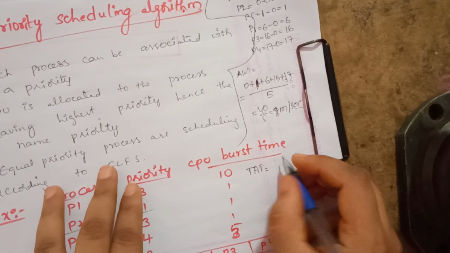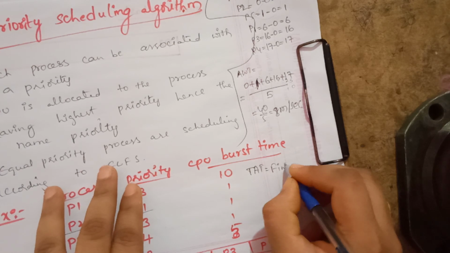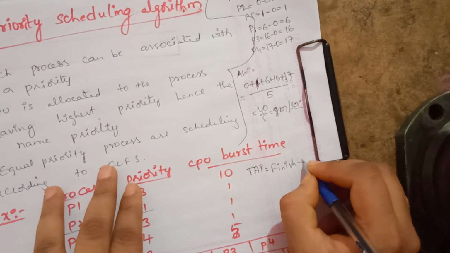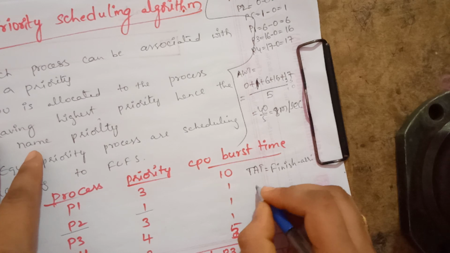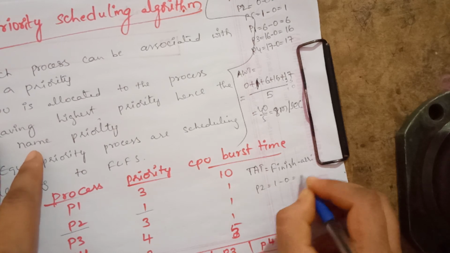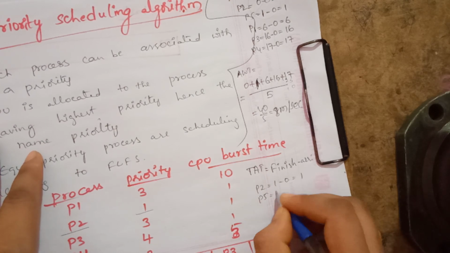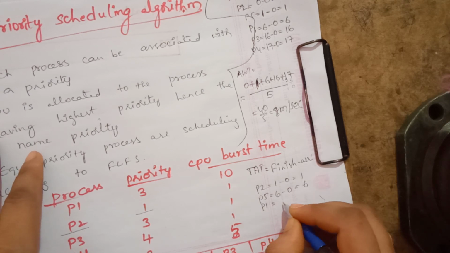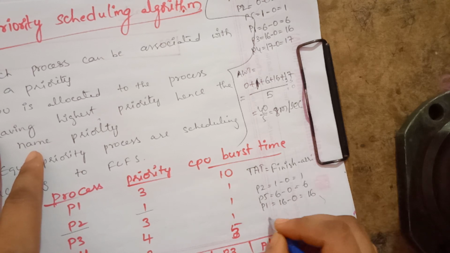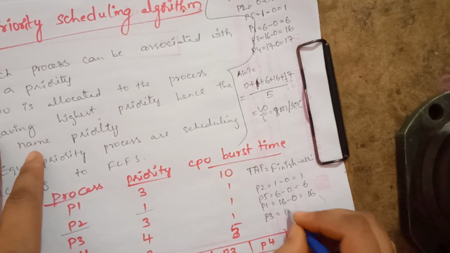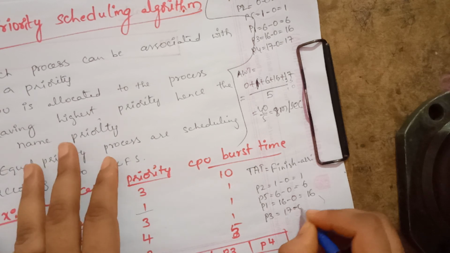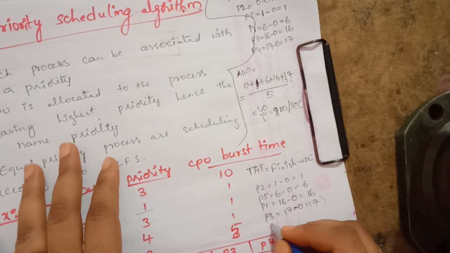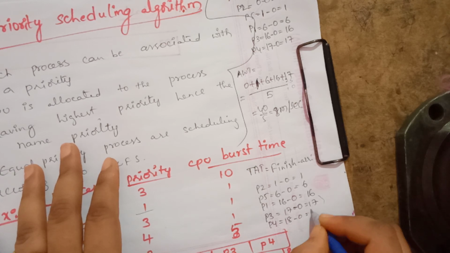Turnaround time is equal to finish time minus arrival time. Here for the P2 process the finish time is 1, for P5 the finish time is 6, for P1 the finish time is 16, for P3 the finish time is 17, and for P4 the finish time is 18.